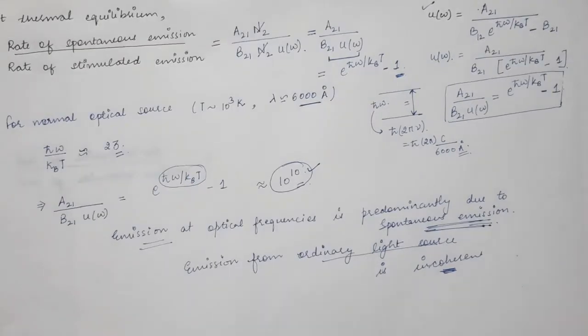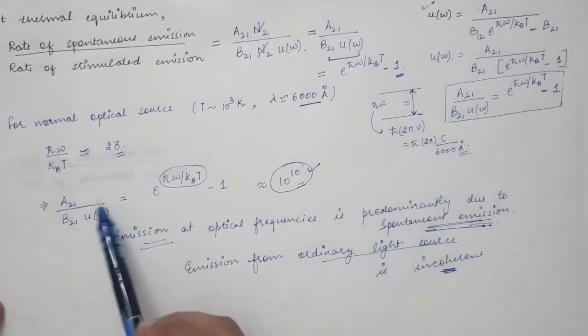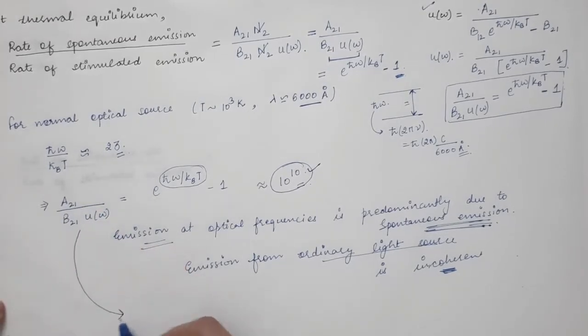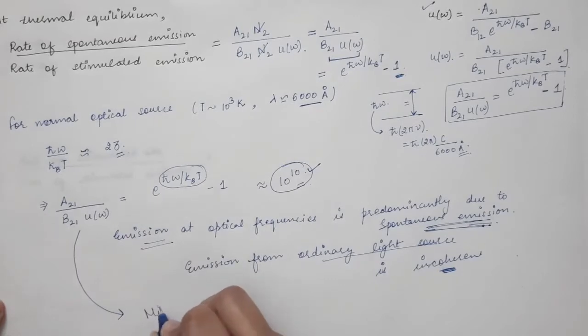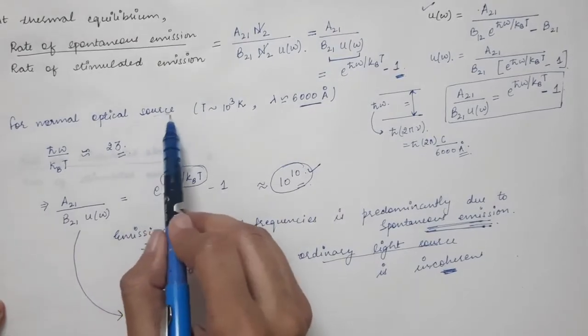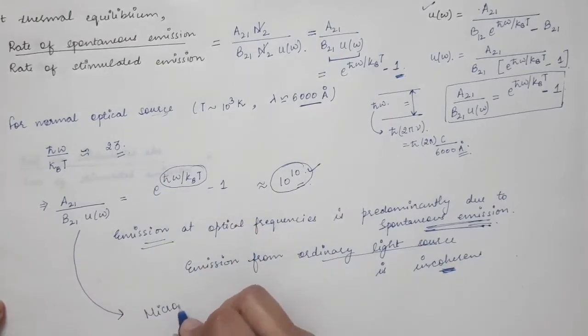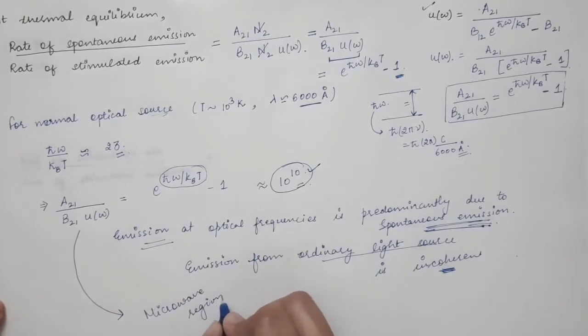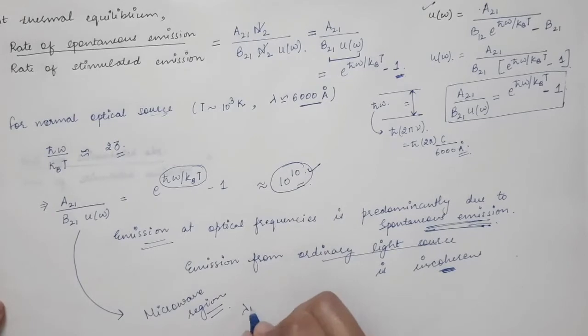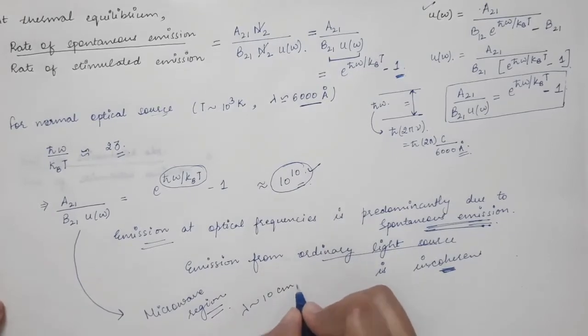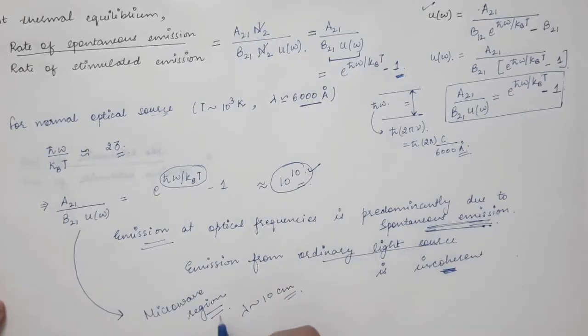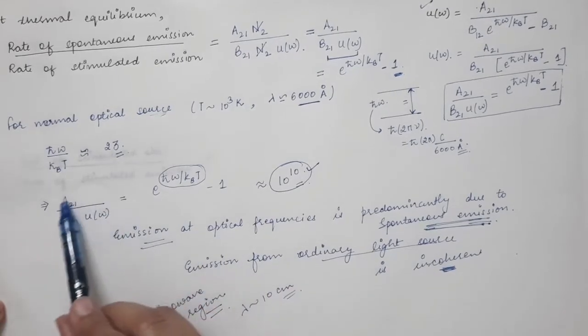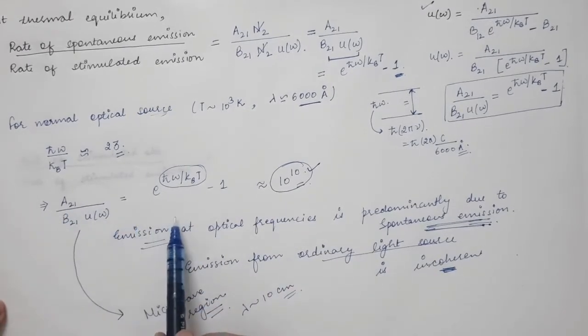On the other hand, if you find this ratio in the case of the microwave region, so this was in the visible region. When you find this ratio in the microwave region, you have to take lambda approximately 10 centimeters. In that case, this ratio will tend to 0.